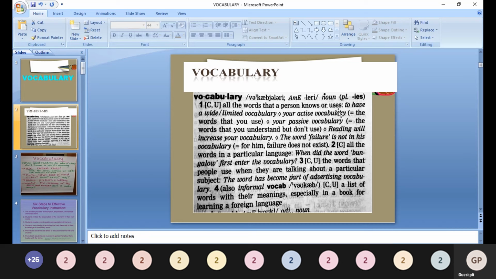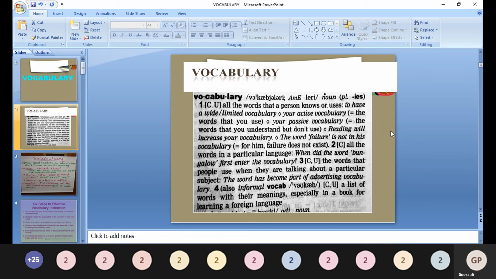So how much you use the word is very important. In order to develop any language, especially English, you need to keep using the word over and over again in order for it to stay in your mind. When it stays in your mind, you will be able to use it.